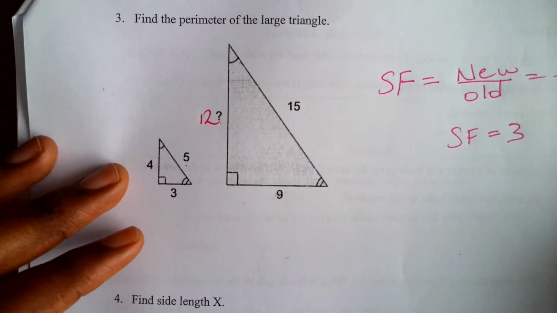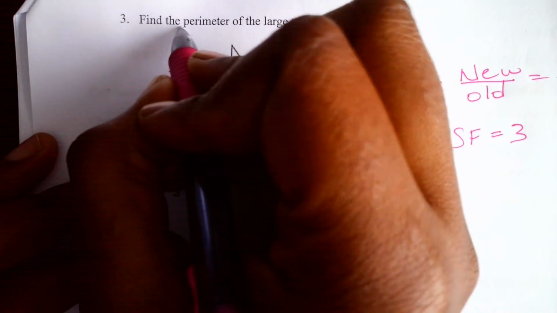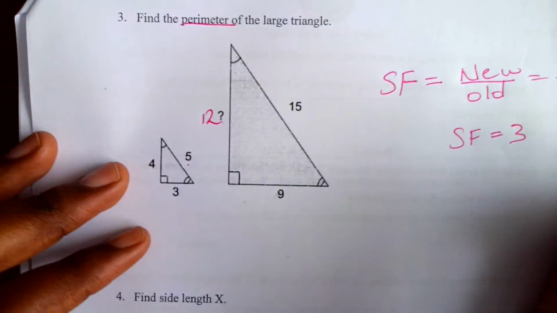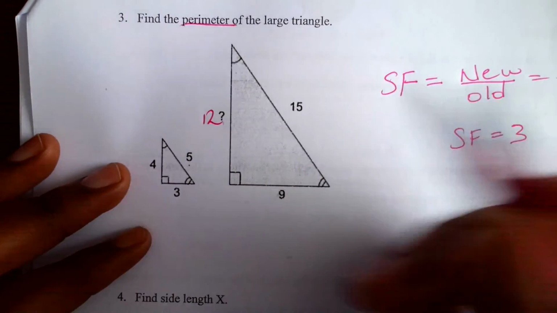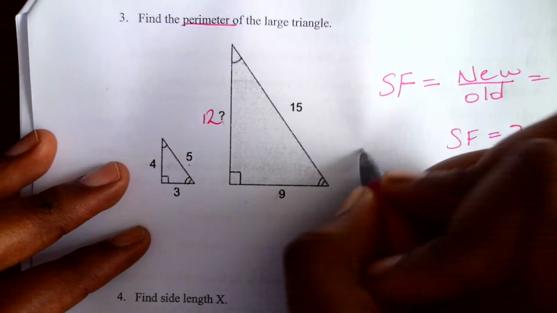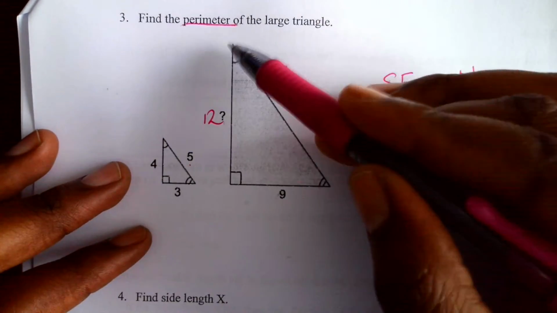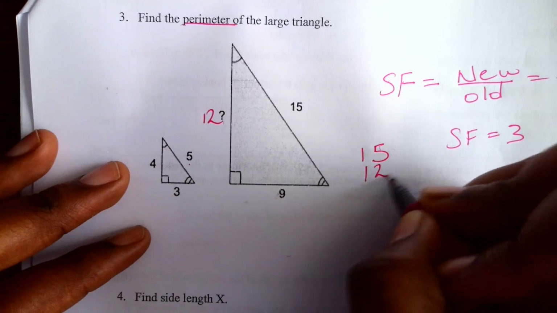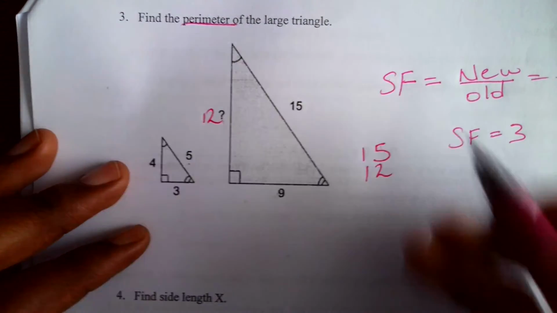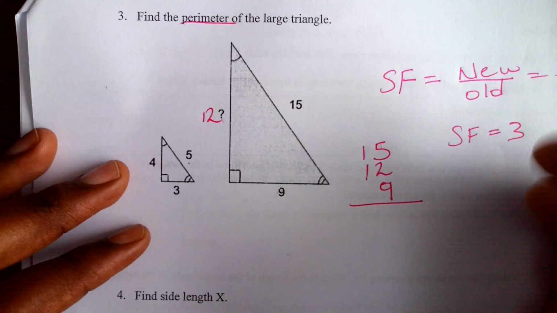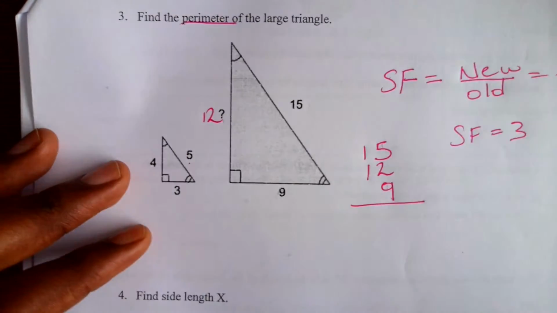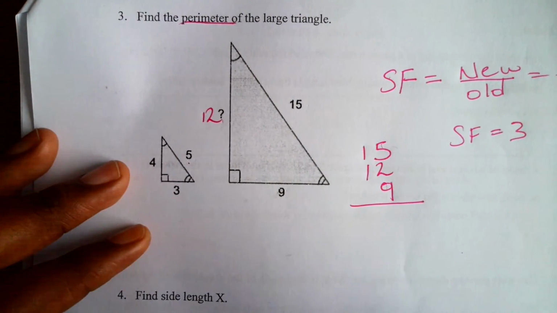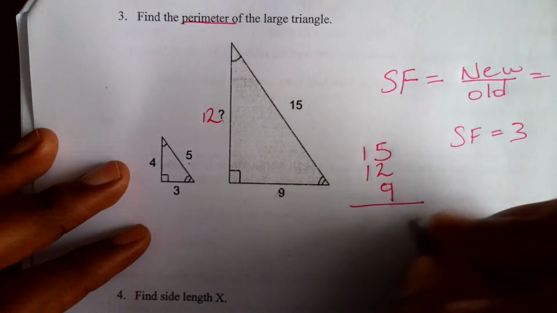But remember, the question asks us to find the perimeter. And we said that perimeter is the total distance around a figure. So to find the perimeter, we have to add the length of this side, 15, the length of this side, 12, and the length of this side, which is 9. 5 plus 2 gives us 7. 7 plus 9 gives us 16.